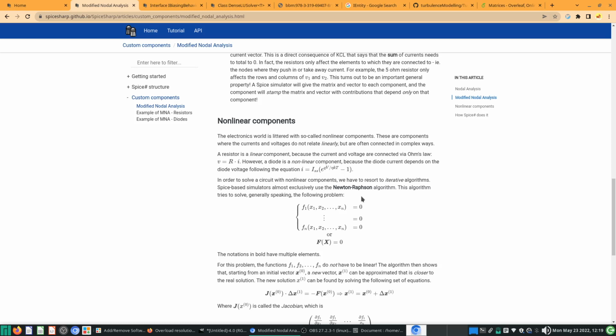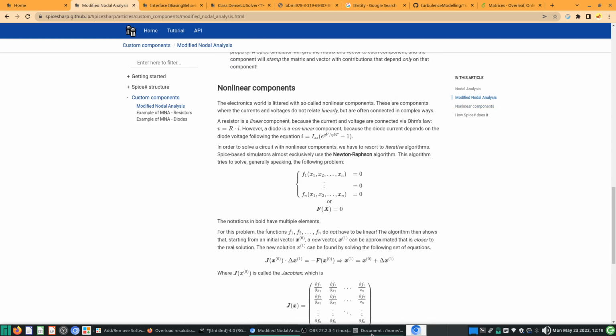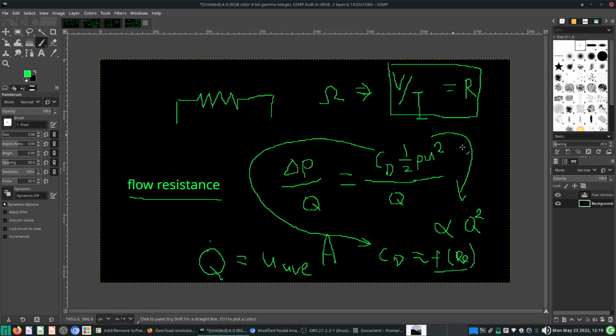My goal for this project is to explore SpiceSharp to an extent that I can use these Newton-Raphson solvers to solve fluid flow equations eventually. As we see from the get-go, all of these are non-linear, so we have to have some good understanding of what the Newton-Raphson method is.